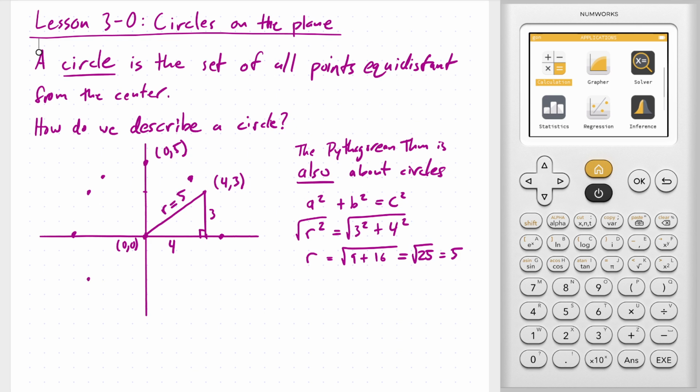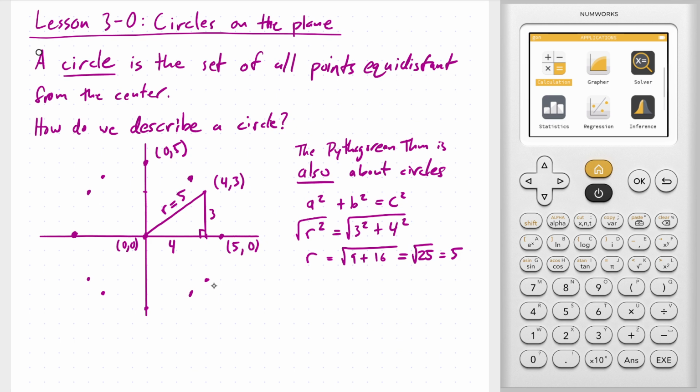Make sure I'm getting these in the right spot. That one there, that one there, that one there. Okay, so you see all those points that I've indicated on the graph. I'm not going to label all of them, I'll label a few of them. This first point right over here is (5, 0).